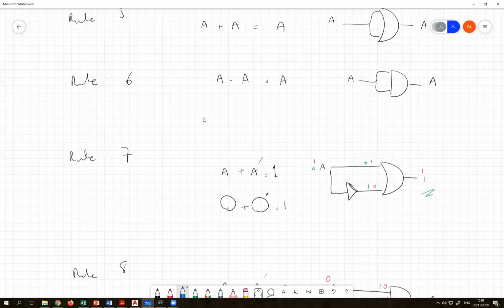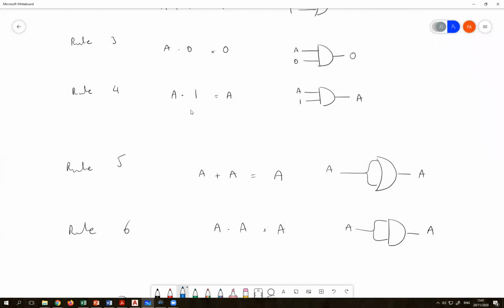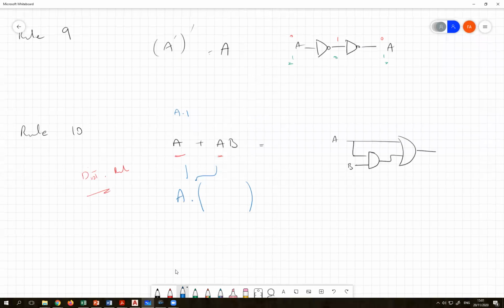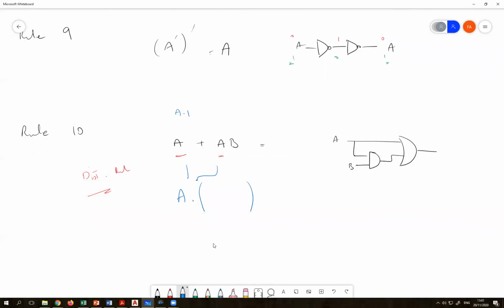A and 1, rule number 4. A and 1 is always A, so you won't change that. So I can use rule number 4 here, this is rule 4. I can write this as A and 1 instead of A.